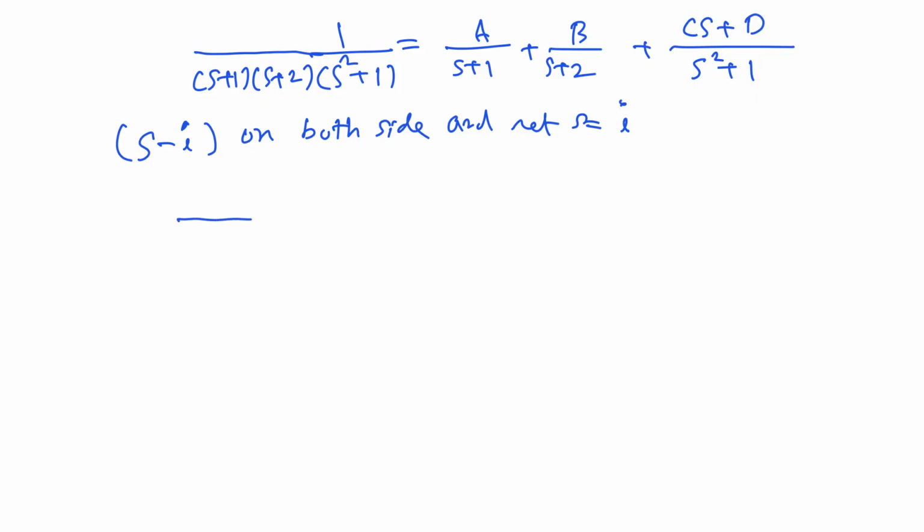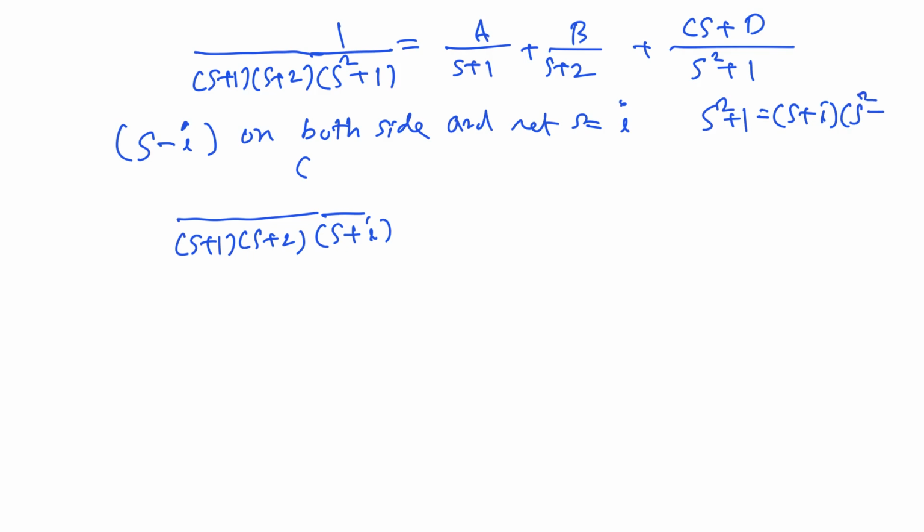So we have 1 over (s plus 1)(s plus 2)(s plus i), because s squared plus 1 is actually (s plus i)(s minus i), right? You set s equal to i.